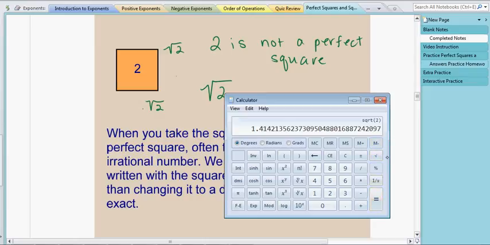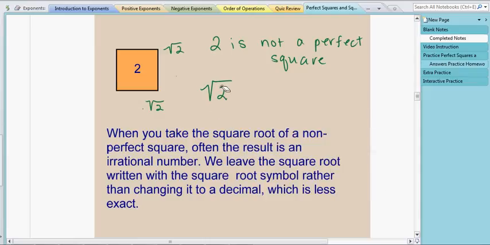Notice it's 1.4142135 and so on. This is an infinite decimal. It goes on forever, and it does not repeat or have a pattern. Therefore, this is actually what kind of number? This is an irrational number. So oftentimes, if the area of your square is something that is not a perfect square, you'll get an irrational number.